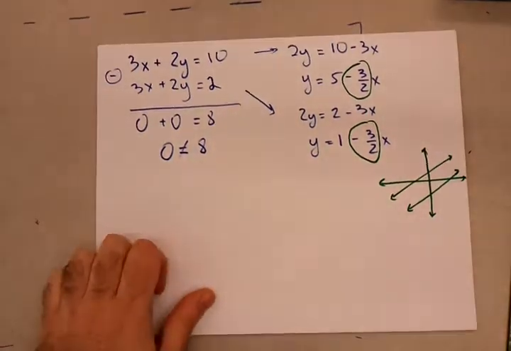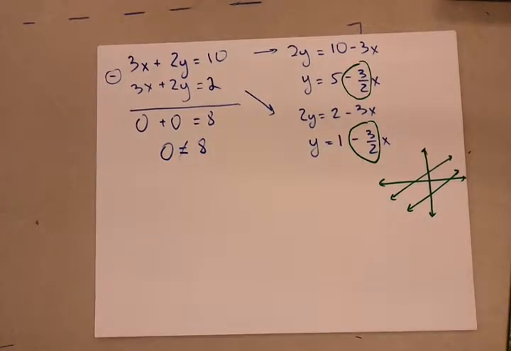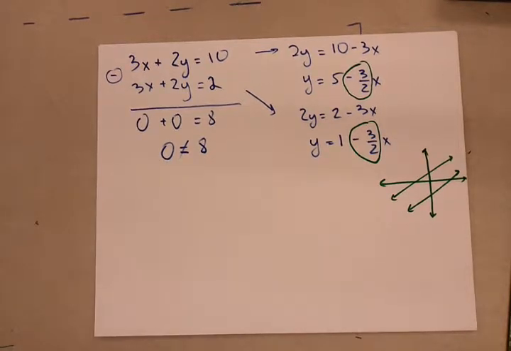And 0 is not equal to 8. No solution. So we came to the same conclusion as we did graphically. There is no solution to this particular system. Now I could have also used substitution. That was probably going to be the messiest of the three methods for this particular problem, but I would get to the same outcome, that there is no solution, if I tried that approach as well.